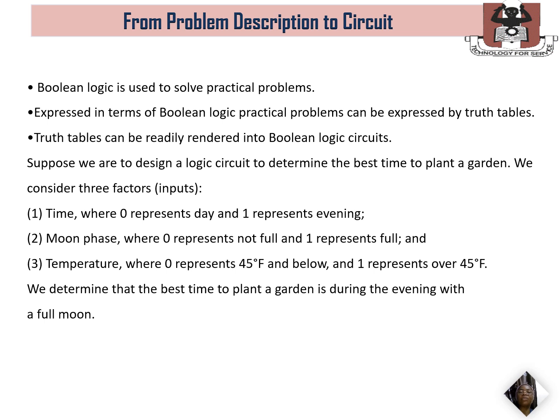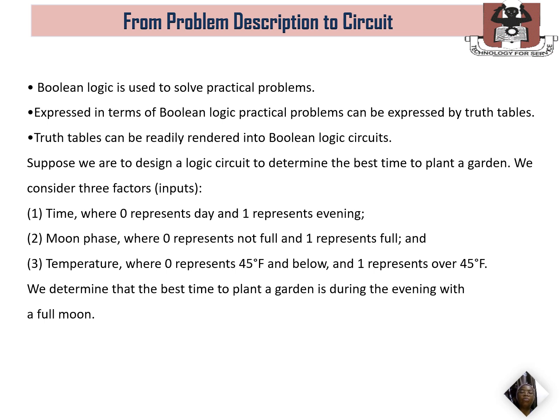Suppose we are to design a logic circuit to determine the best time to plant a garden. We will consider only three factors, which are the inputs. One, we consider the time, we consider the moon phase, and we consider the temperature. Let's say that 0 will represent day and 1 represents evening.